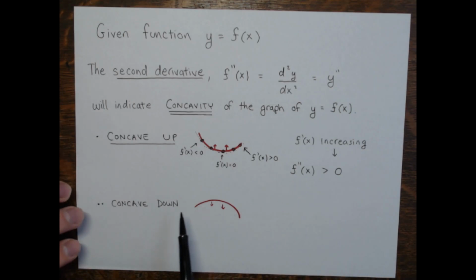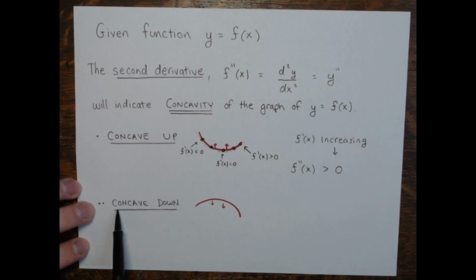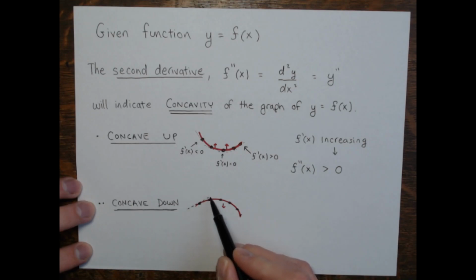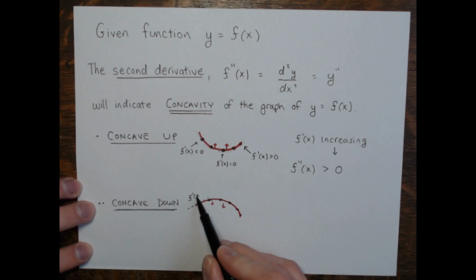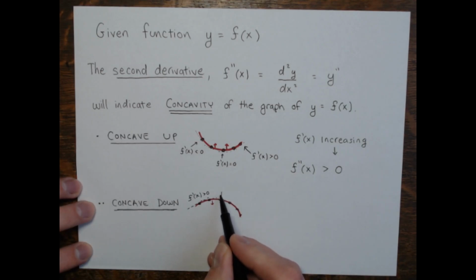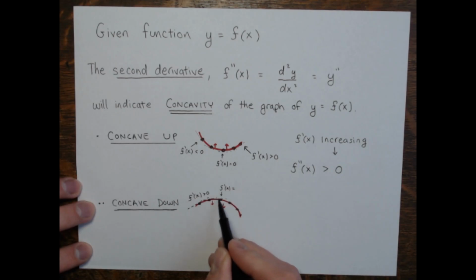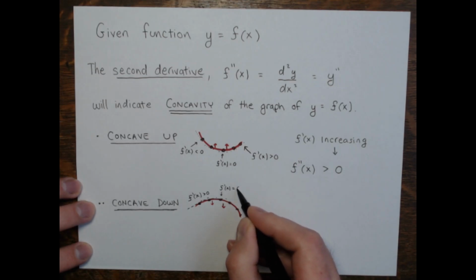And in a very similar fashion, on these pieces of curve that are concave down, curling down like this, if you take a look at points on a piece of curve like this as you go from left to right, on the left side you've got f prime positive, right? The first derivative is some positive value. These have positive sloped tangents. Then at some point you'd have a horizontal tangent line, on a piece of curve like this, rounded down, curling down, concave down.